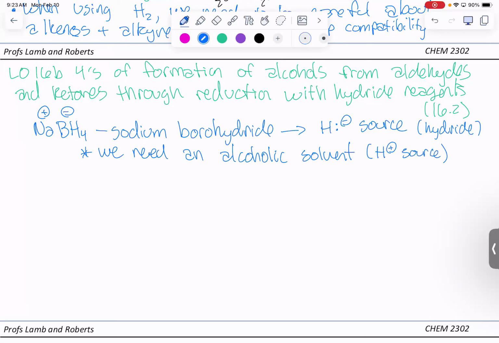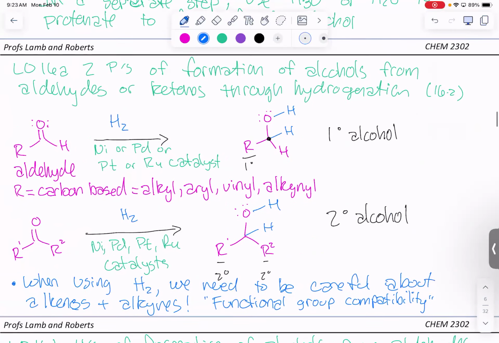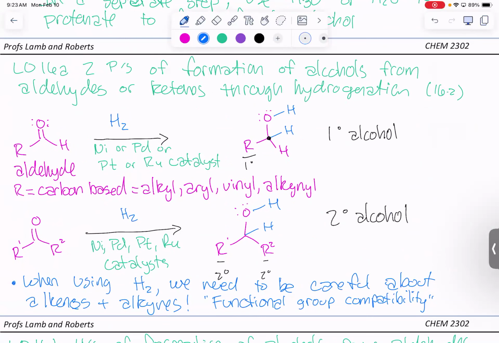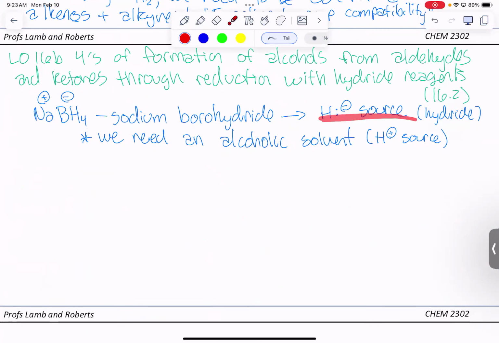So essentially what we had before with hydrogen is we had an H plus and an H minus built into our reagent of H2. Now here we need to build that in, because at the end of the day, we're forming alcohol just like we saw before. And this could have come from H minus adding to the electrophilic carbonyl, and then this came from H plus. So in this case, we need an H minus and we need an H plus source.